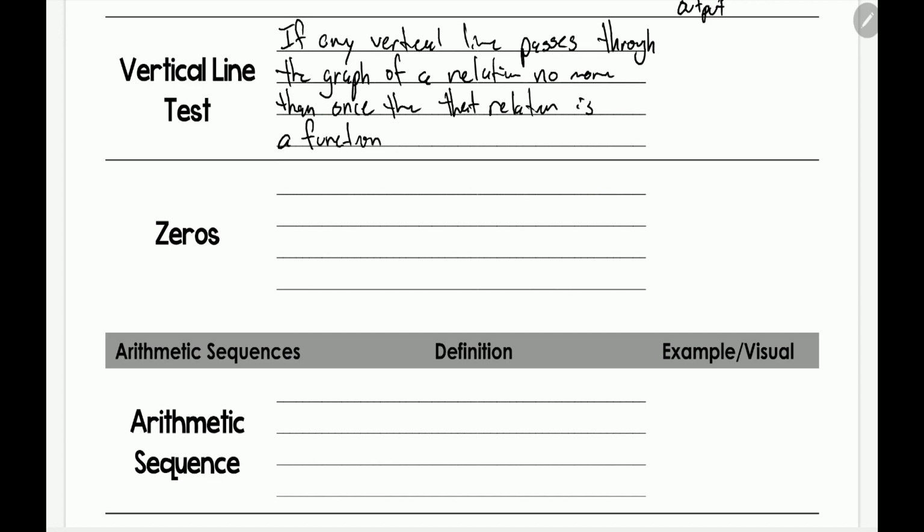Okay? So, for example, a function would be like this. Since we have an imaginary vertical line going through the sky, it only touches the graph once. Therefore, this is a function. But if we have instead something like this, if we make a vertical line, it touches twice. So this is not a function. So that's what we can use with the vertical line test.